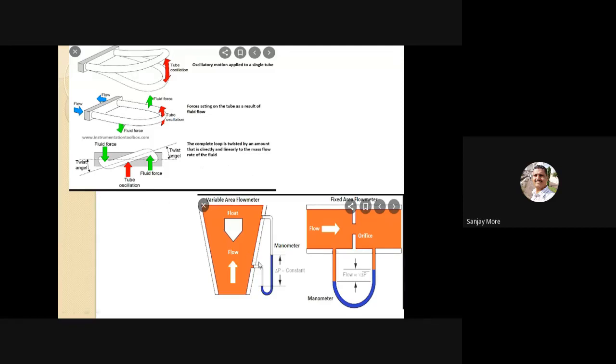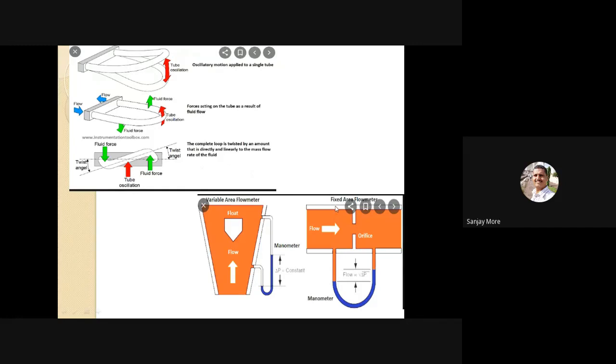Measure the pressure here, and the mercury level will increase; check the pressure here, and the mercury level will decrease. Measure the difference between here and here. Here the pressure will be high and here it will be reduced. Consider here 100 psi and here 60 psi; then you measure 100 minus 60, a 40 psi pressure difference.